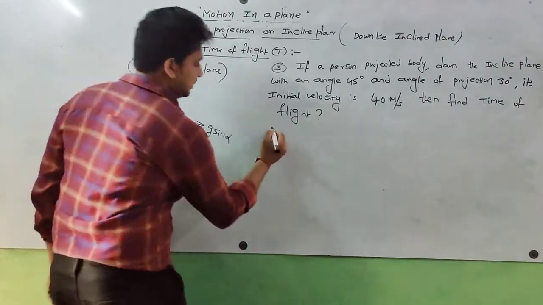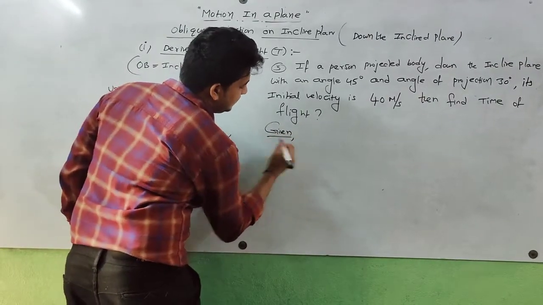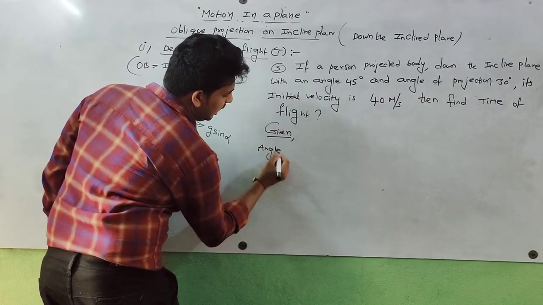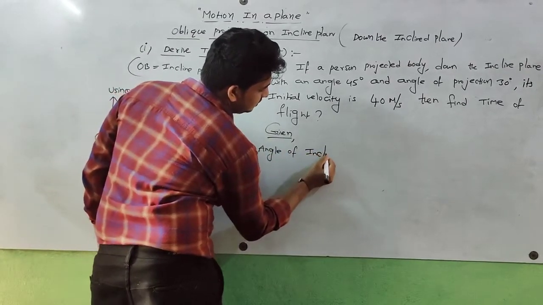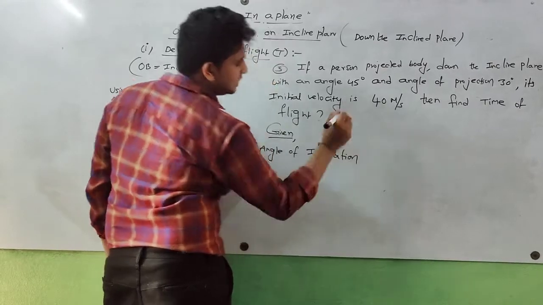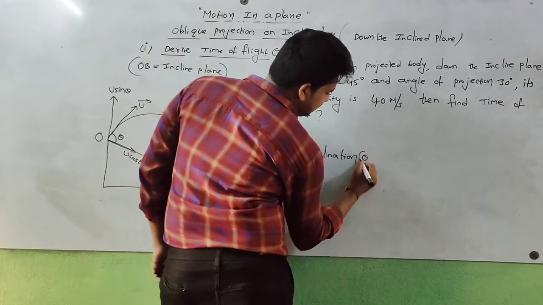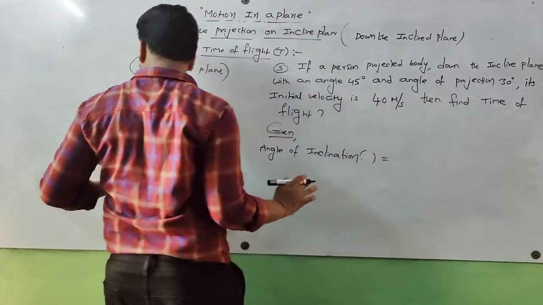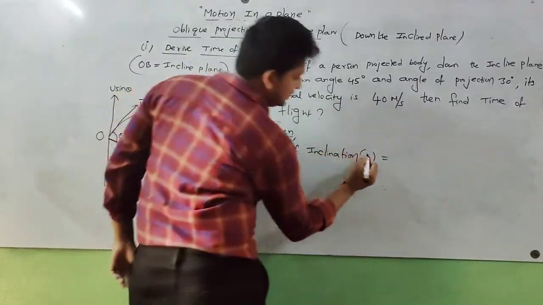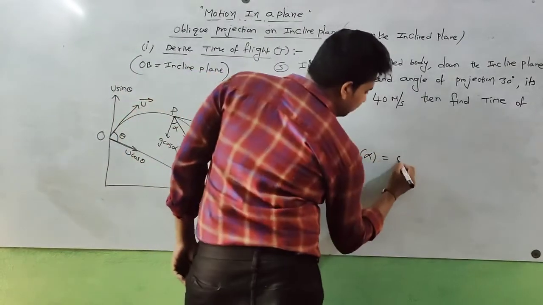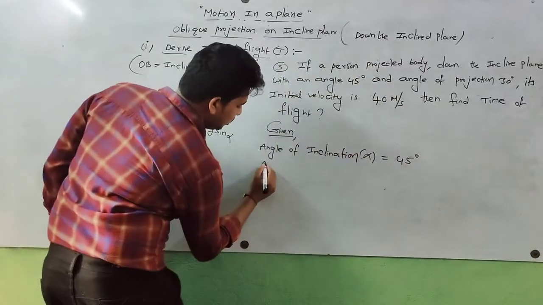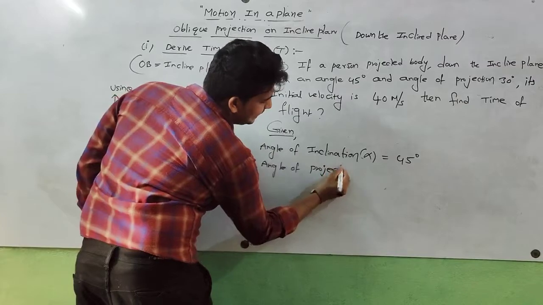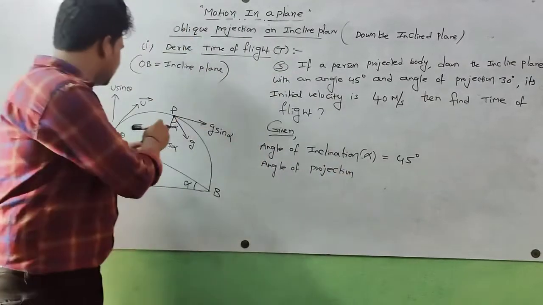So here, first we write the given data. What is the given data? Angle of inclination is indicated by alpha, which is equal to the given 45 degrees. Angle of projection means the angle with which the body is projected.